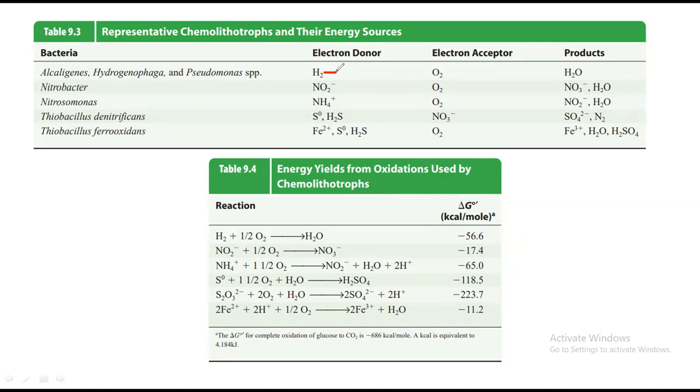The inorganic electron donors are H2, NO2, NH4, H2S, and iron. These are the products formed, and this is the chemical energy produced by the inorganic molecules. So this will help clear your mind on how inorganic molecules are used as electron donors and acceptors and in the production of energy.